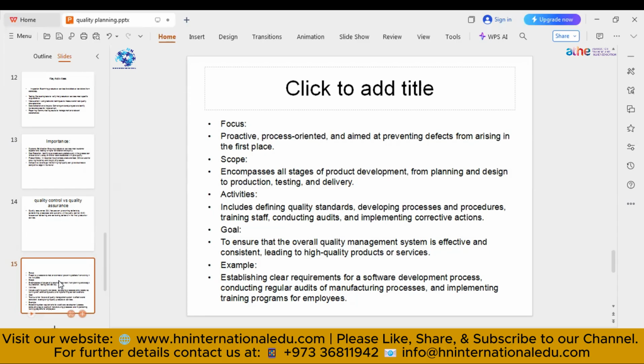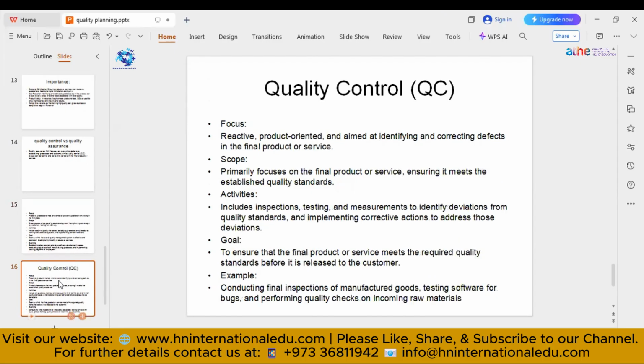Example: establishing clear requirements for a software development process, conducting regular audits of manufacturing processes, and implementing training programs for employees. Why do we implement training programs for employees? Because we want them to be well trained to incorporate quality into the products.